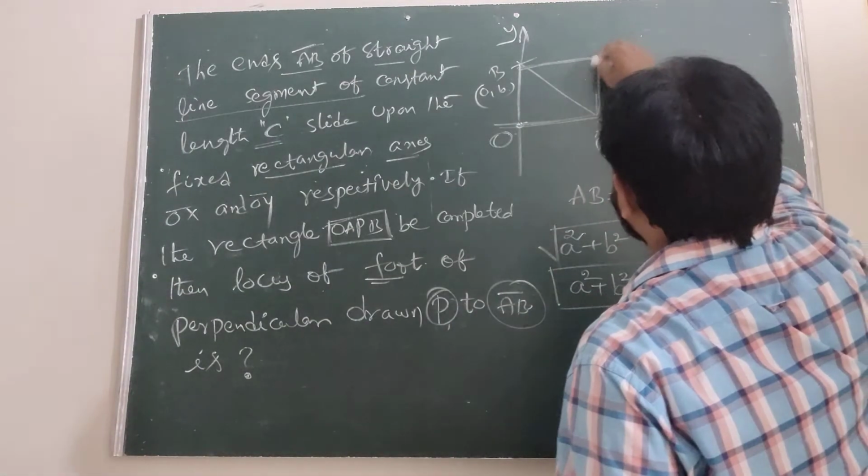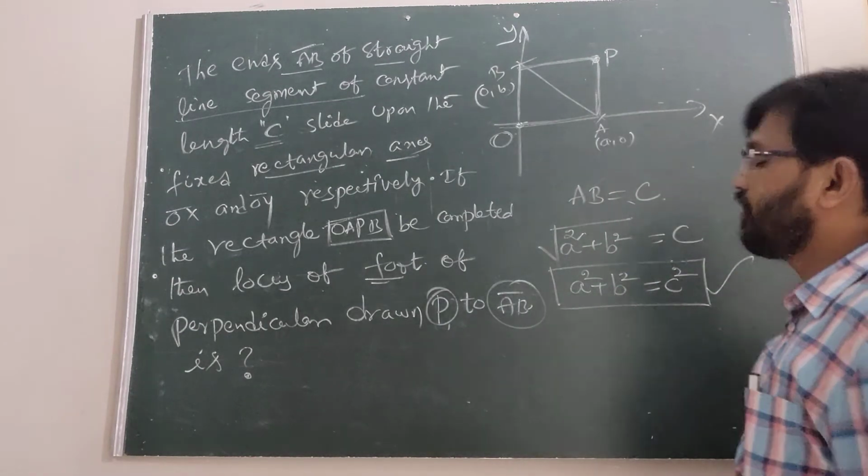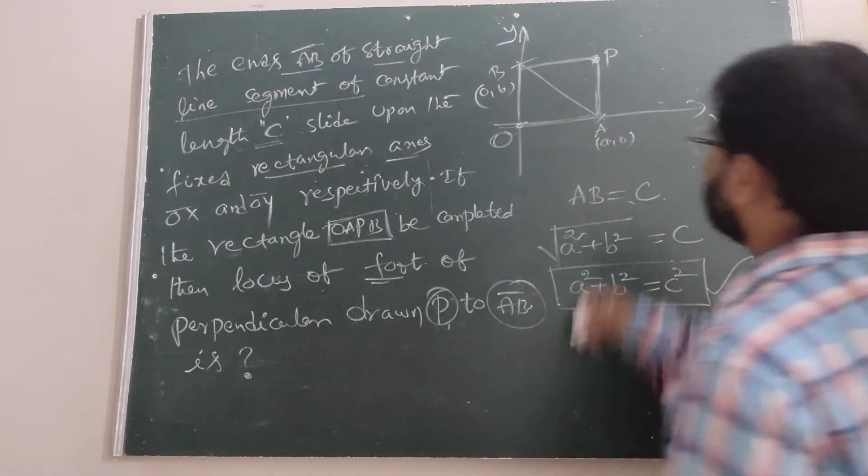Here we have to take the locus of the foot of the perpendicular. This is what we are taking.